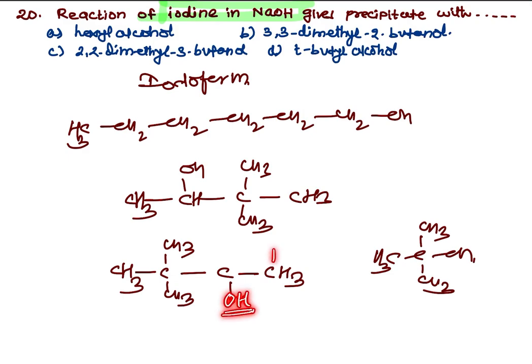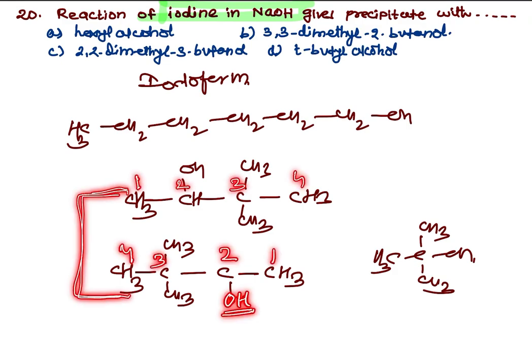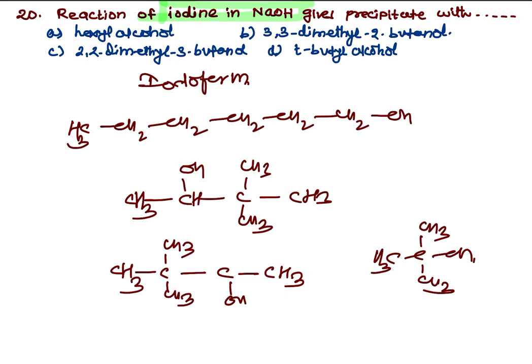So numbering strictly from this side 1, 2, 3, 4, and from the other side also 1, 2, 3, 4, both are identical, isn't it? In the case of aldehydes and ketones, a compound having CH3C=O gives a positive iodoform test.